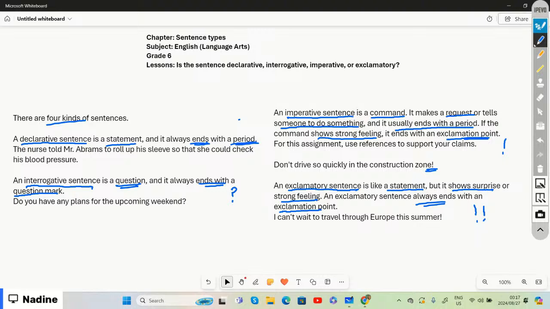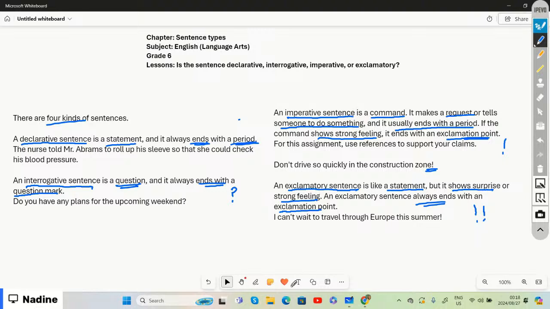We have an imperative sentence, which is a command, and it either ends with a period, because it's a request that is being made, or someone telling you to do something, or if this command shows strong feelings, then it ends with an exclamation point.